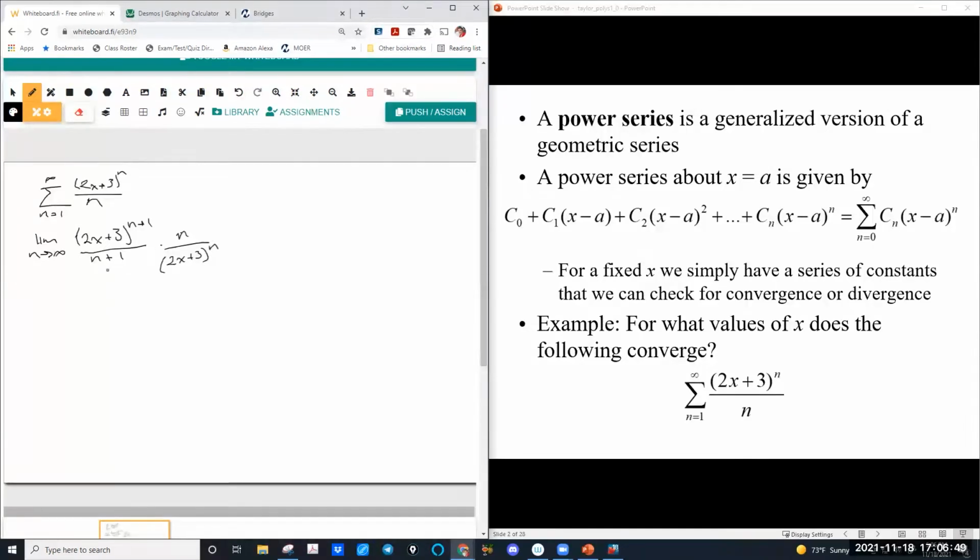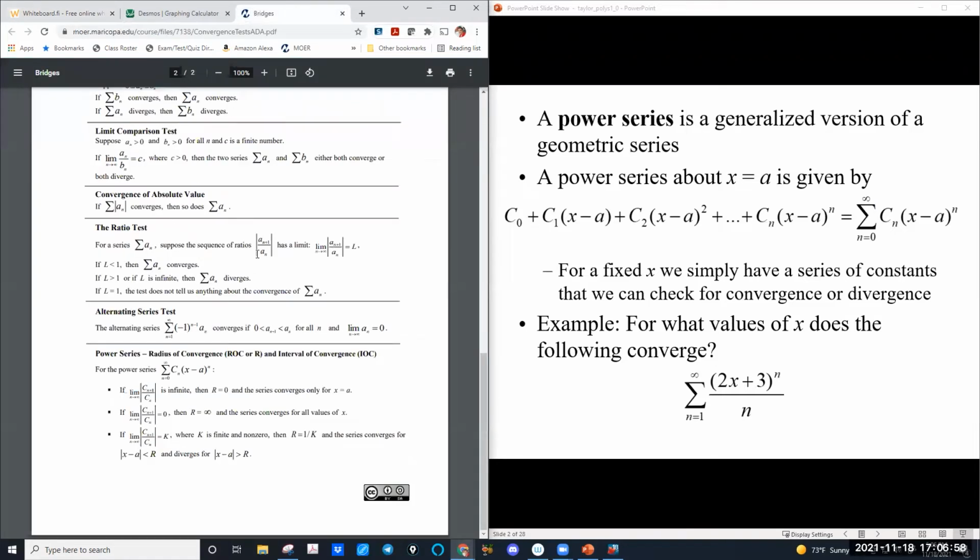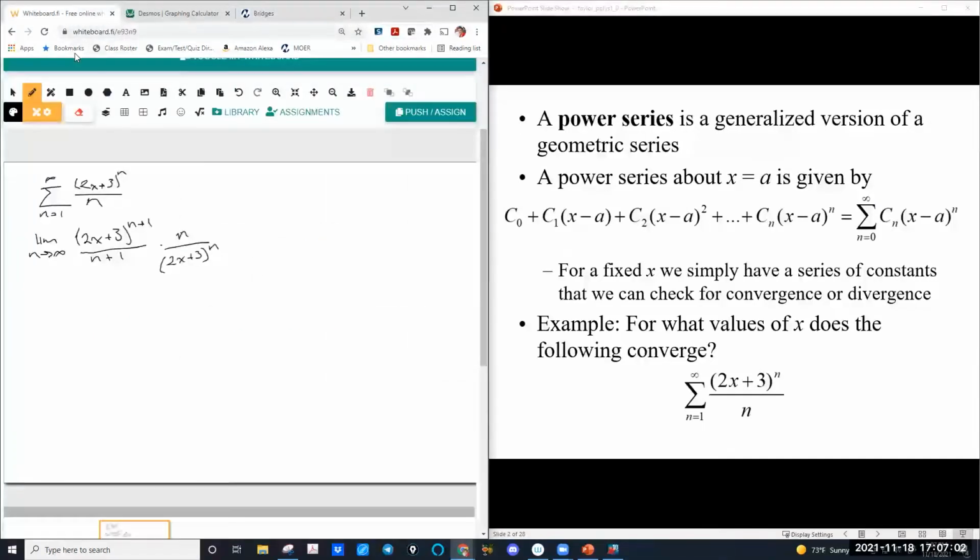And we're going to do our canceling, but before, when we were working on these, I said, hey, don't worry about the absolute value that's in the ratio test. So let's go back. This absolute value here becomes a little bit more important when we're testing power series because of that x. So we do want to include those absolute values.